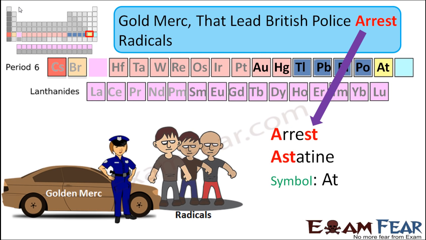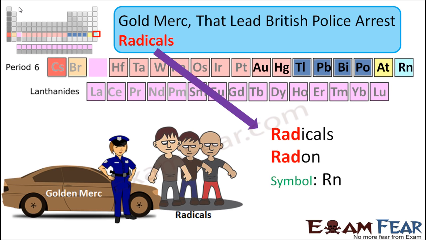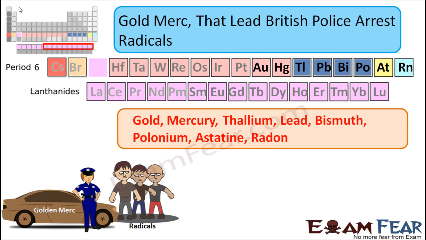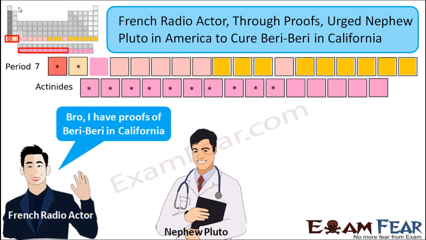Arrest reminds of astatine. And radicals reminds of radon. So our memory tip for this last set of elements of period 6 would be: gold murk that led British police arrest radicals.